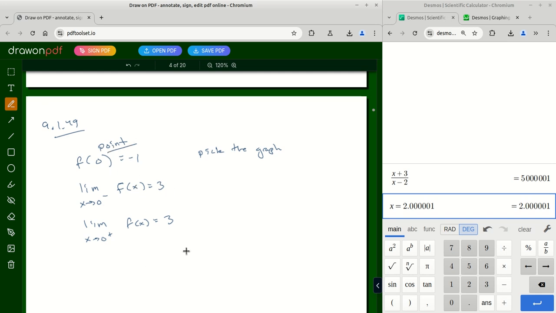Now, the limits are the same, which could be something different. That's fine. But they are the same. And again, these are like y values. So I'm saying that the y values are at 3, but yet we have this point here at 0, -1. Okay. So out of the graphs, what we're looking for is that at x equals 0, that's the point of interest here, where it looks like we're coming in to this point on both sides at 3.